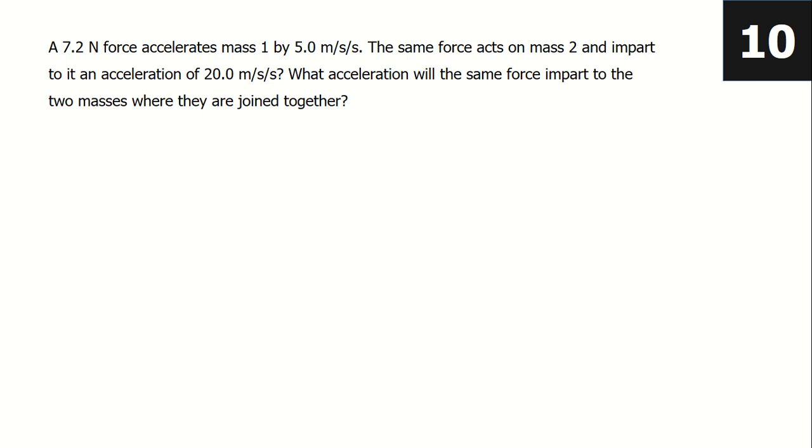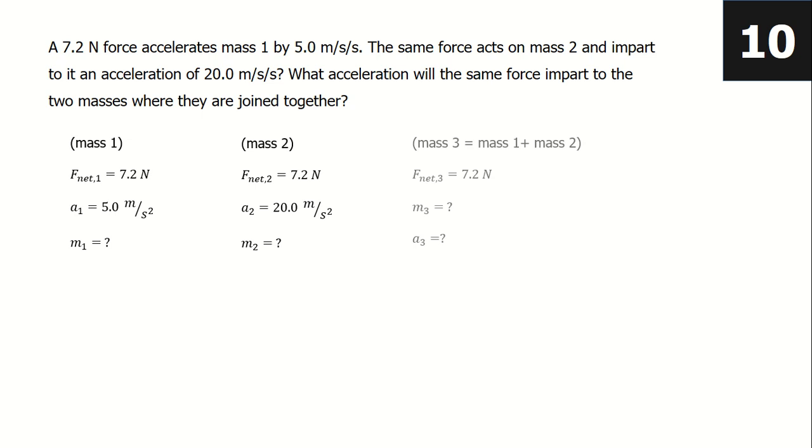So you will be adding mass 1 and mass 2 to get the total mass. And if the same 7.2 force is imparted on that combined mass, what will be then the acceleration of that combined mass?